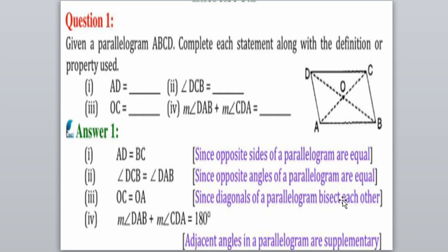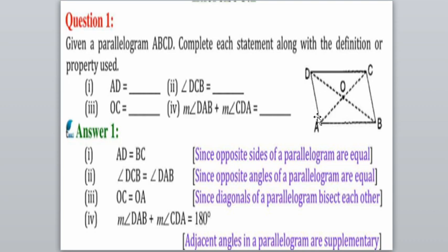Then next, fourth is given measure of angle DAB plus measure of angle CDA is equal to dash. So measure of angle DAB plus measure of angle CDA means measure of angle D plus measure of angle A is equal to dash.